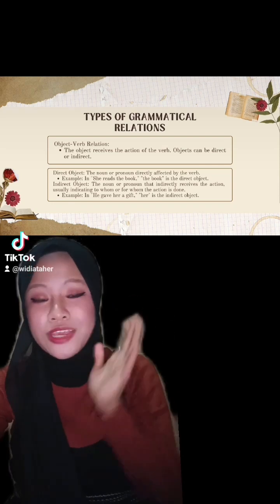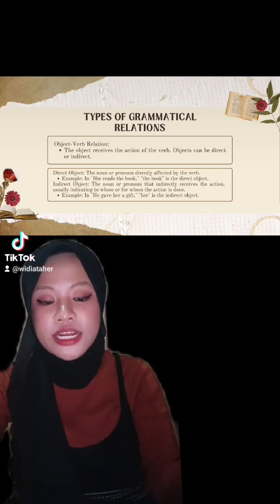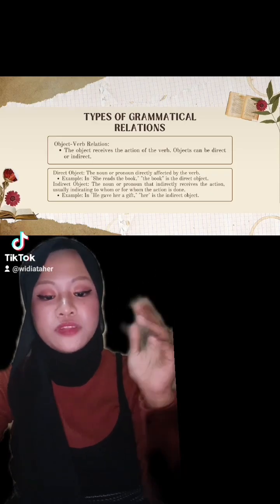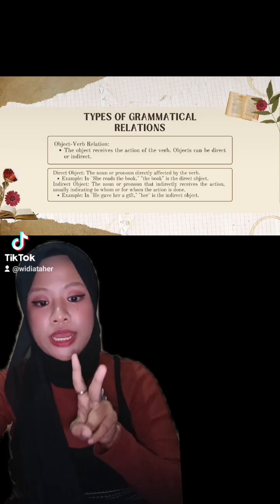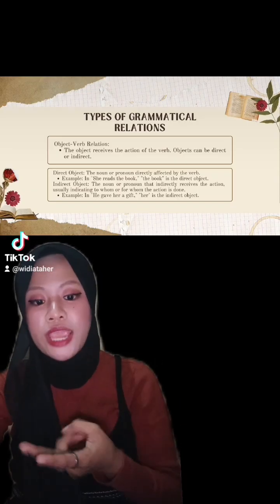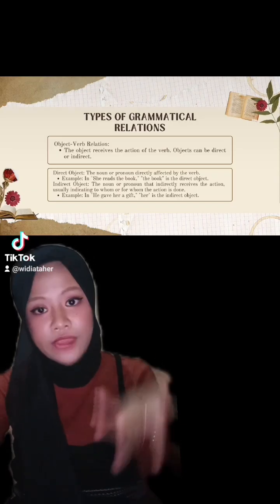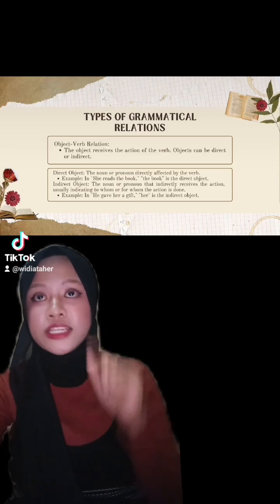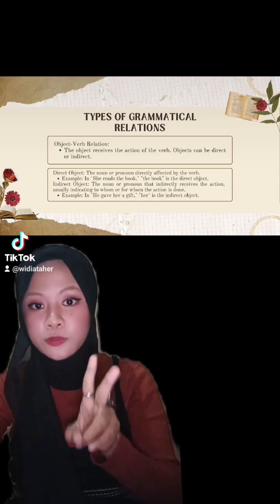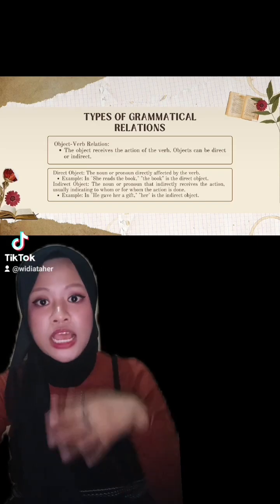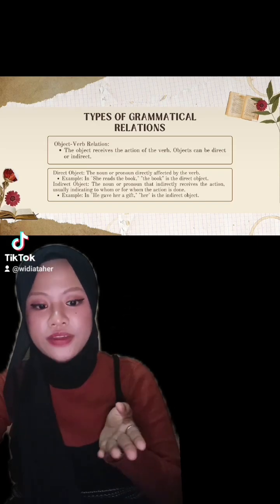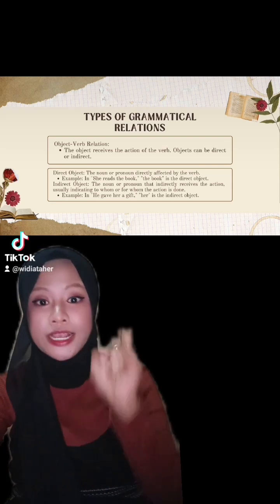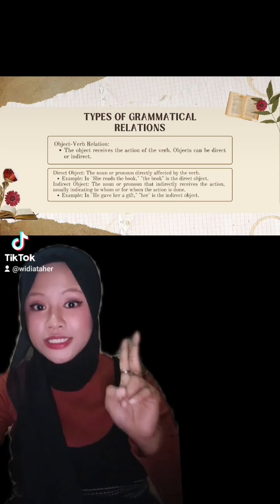So we can easily understand object-verb relations. The object-verb relations have two types. The first one is the direct object, the second one is the indirect object. With a direct object, we do something directly without a third person or a third thing. The indirect object usually involves a second person or a third thing.